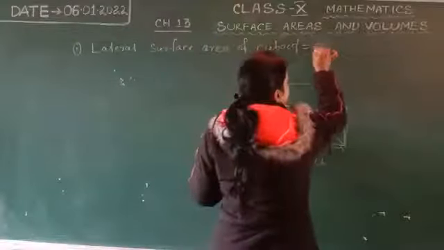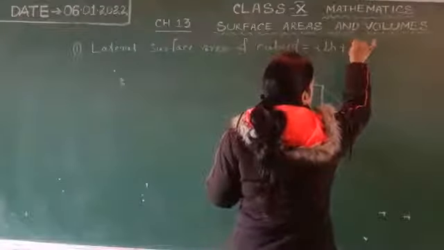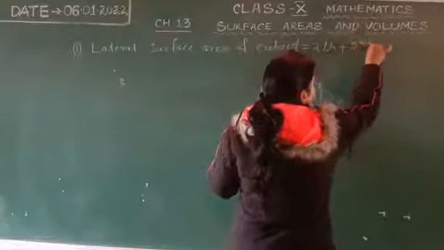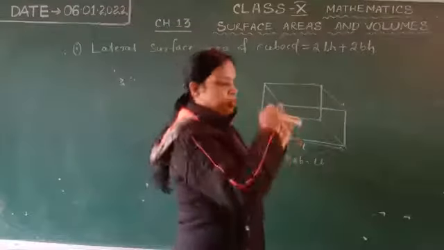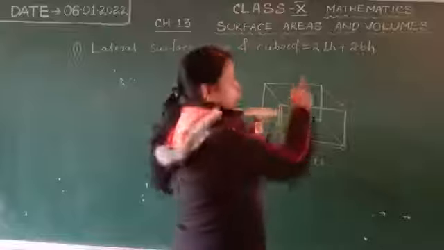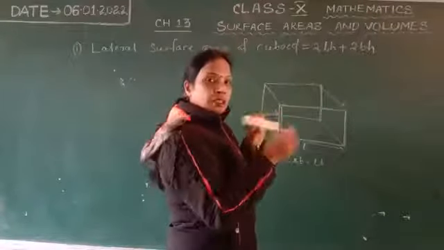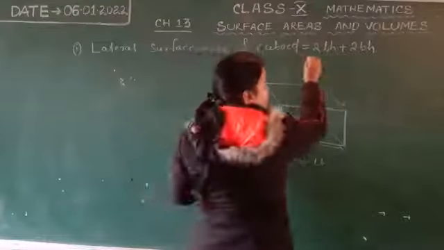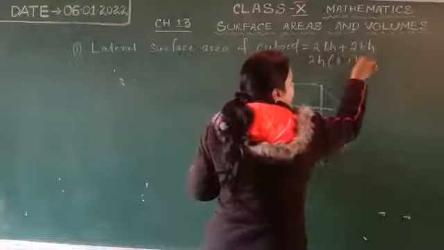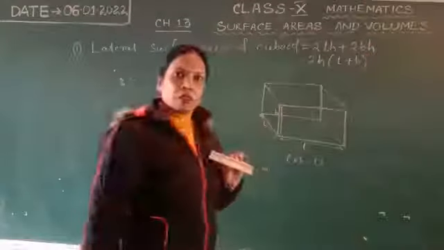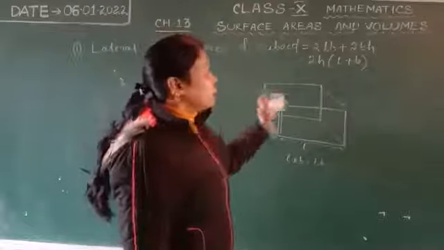So we write 2LH plus 2BH. That means 2 length into height, these are 2, so 2LH, and breadth into height, these are 2, so 2BH. So here we can take common 2H, L plus B. Okay, so this is the lateral surface area of a cuboid.